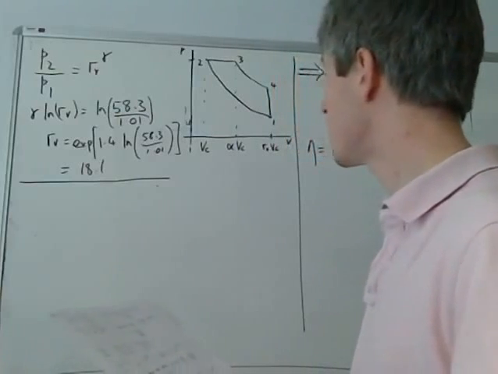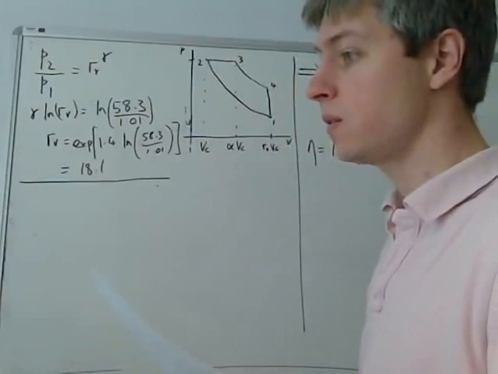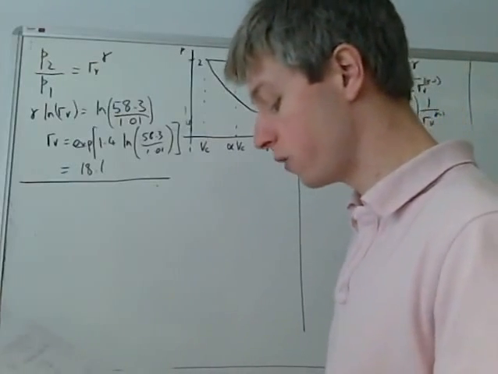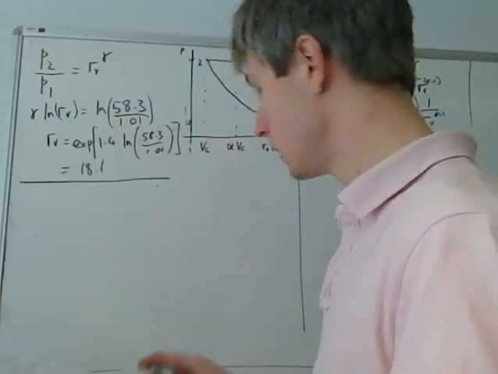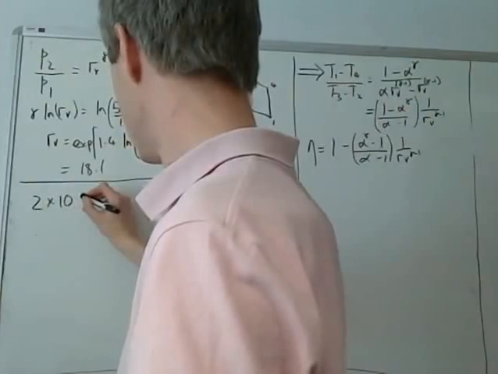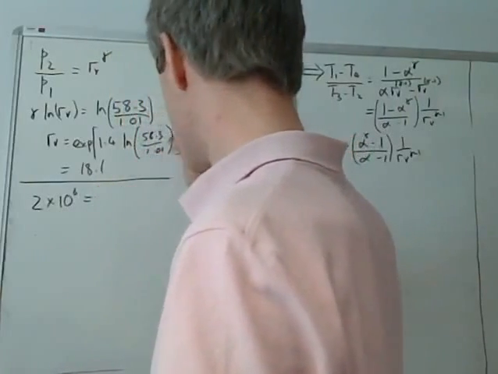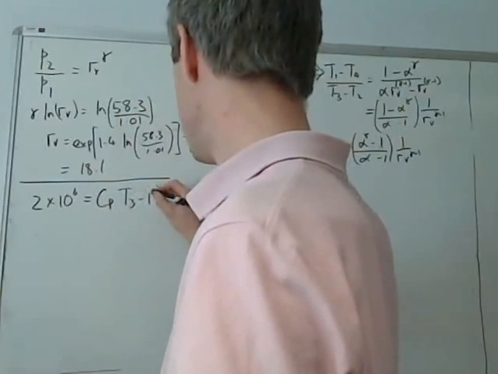So if we know the temperature change and we know the heat added, then we should be able to deduce the volume ratio. So the heat added is 2 times 10 to the 6 joules per kilogram, and that's equal to, since it's a constant pressure process, Cp times T3 minus T2.